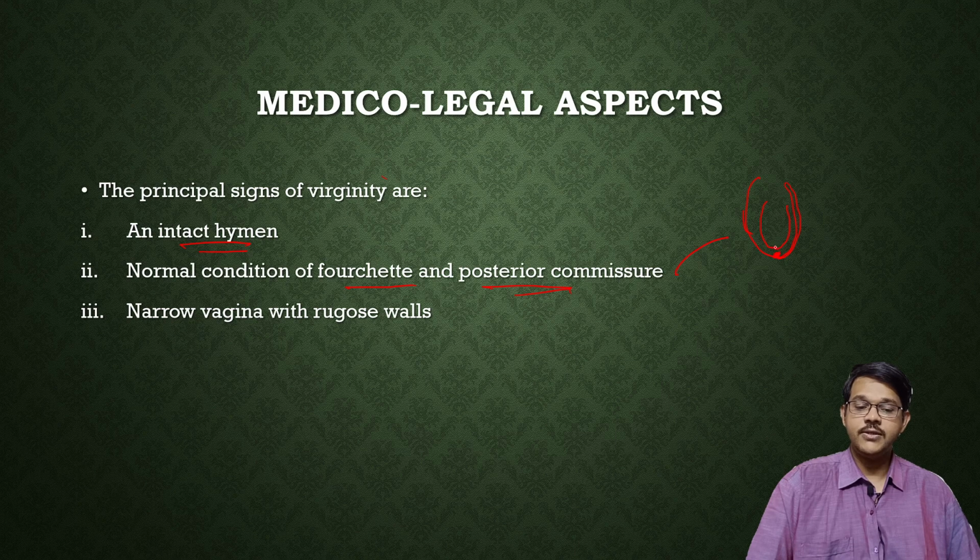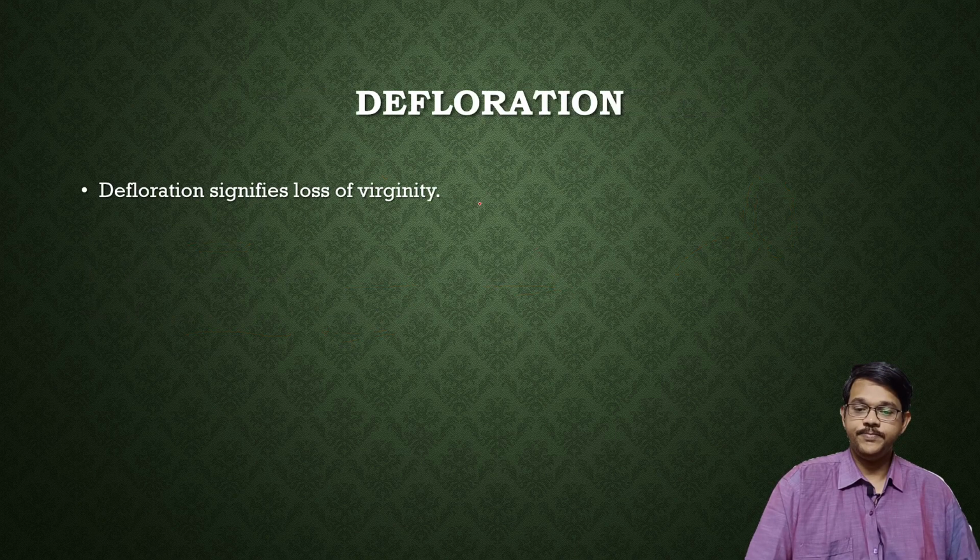Between these, this is the part that gets obliterated. Normally, if it is present, it can be appreciated, but after sexual intercourse this part cannot be differentiated. The labia majora and minora, posterior commissure and fourchette cannot be differentiated after sexual intercourse. A narrow vagina with rugose walls is commonly seen in a virgin, but it is absent in a deflorated woman.